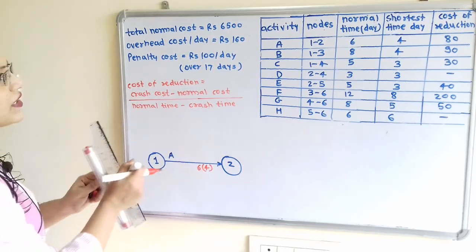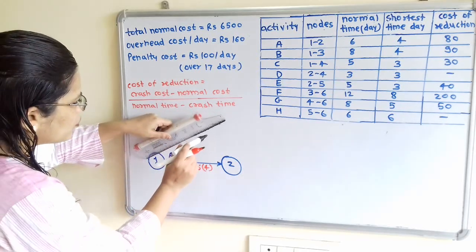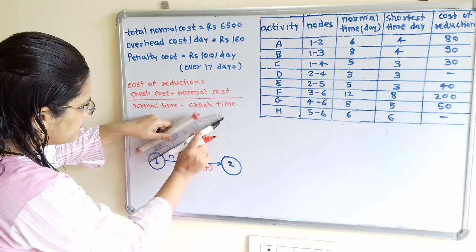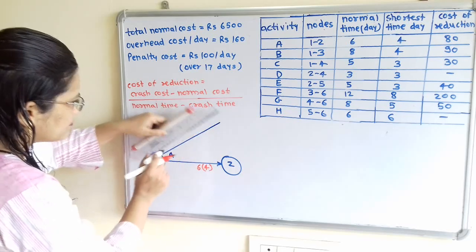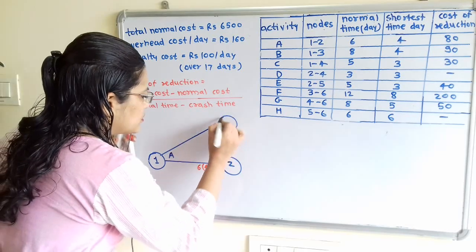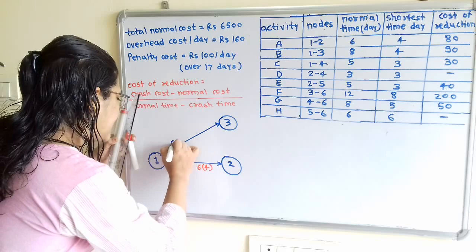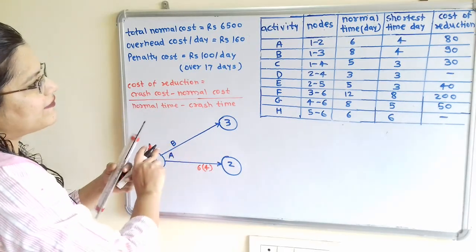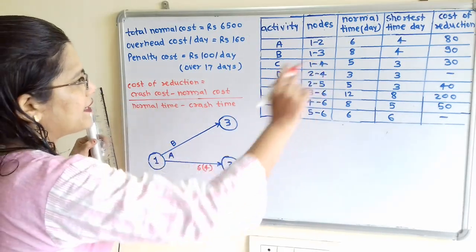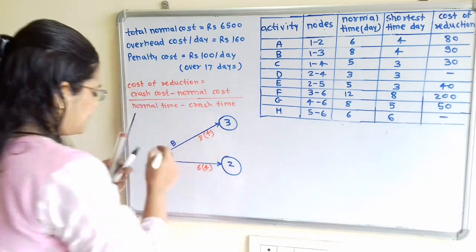Now we move to the next activity, B, from node 1 to 3. I have to mention node 3 here. We will show the arrow also. This is activity B. For activity B, normal time 8 and shortest time 4. So 8 and 4 in brackets.